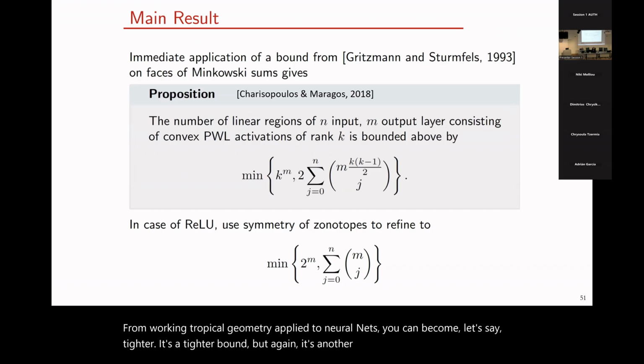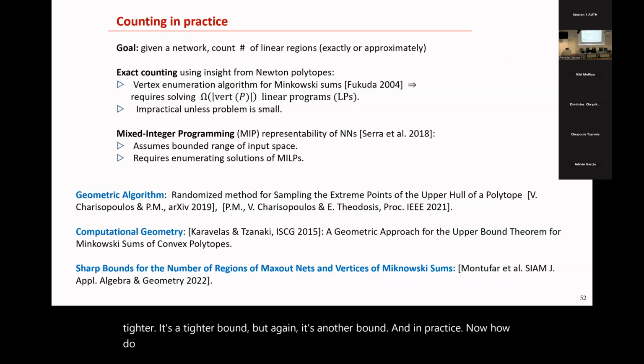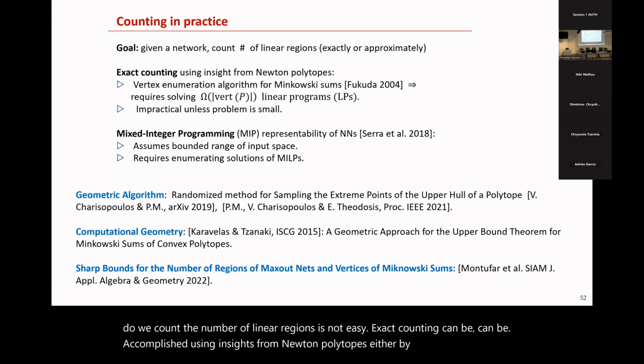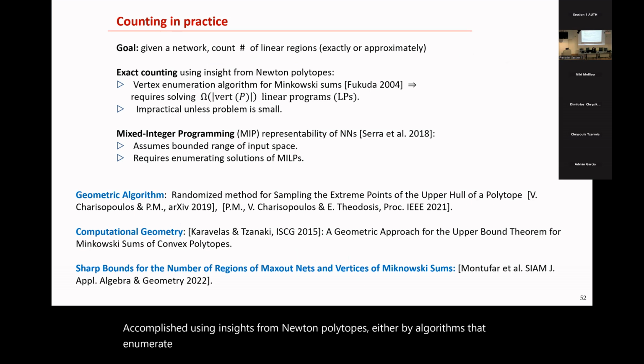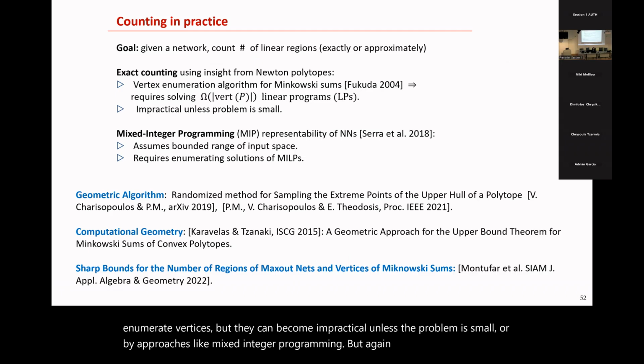And in practice, how do we count the number of linear regions? It's not easy. Exact counting can be accomplished using insights from Newton polytopes, either by algorithms that enumerate vertices, but they can become impractical unless the problem is small, or by approaches like mixed integer programming, but again, they have several constraints.